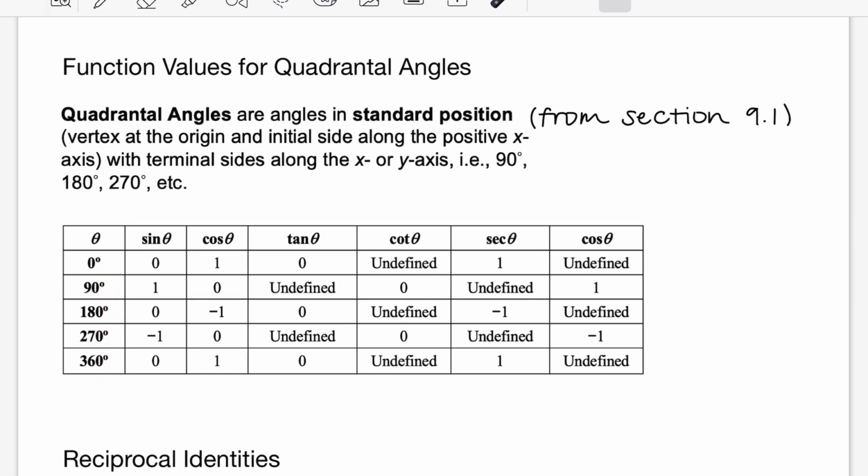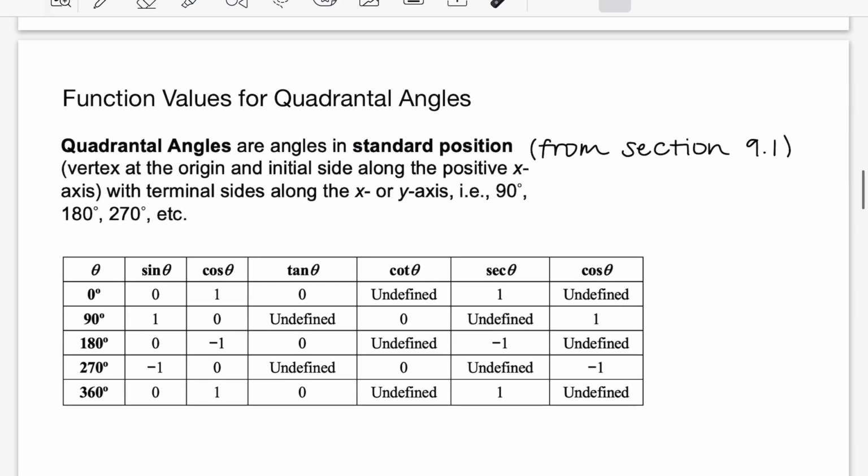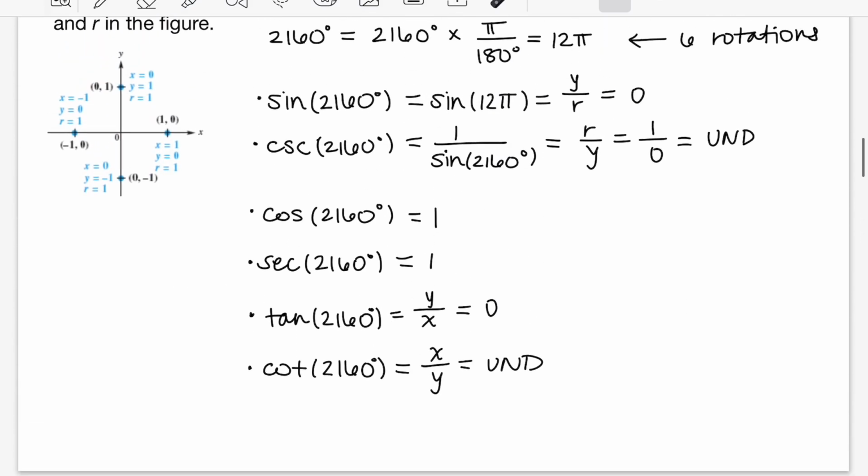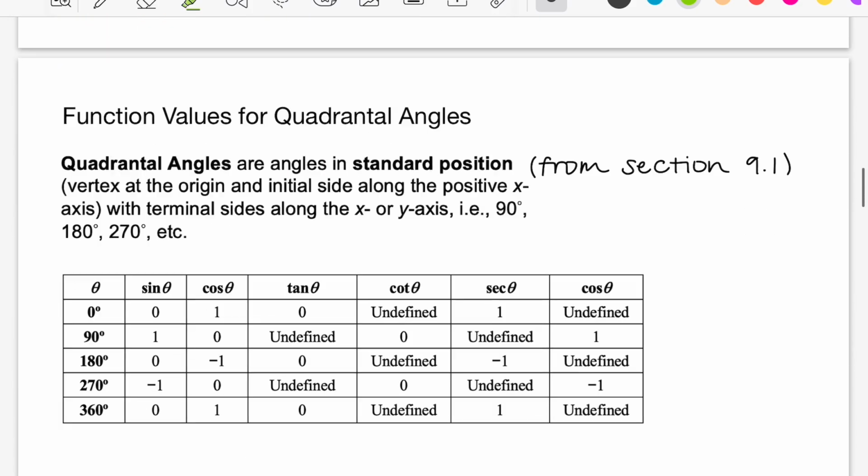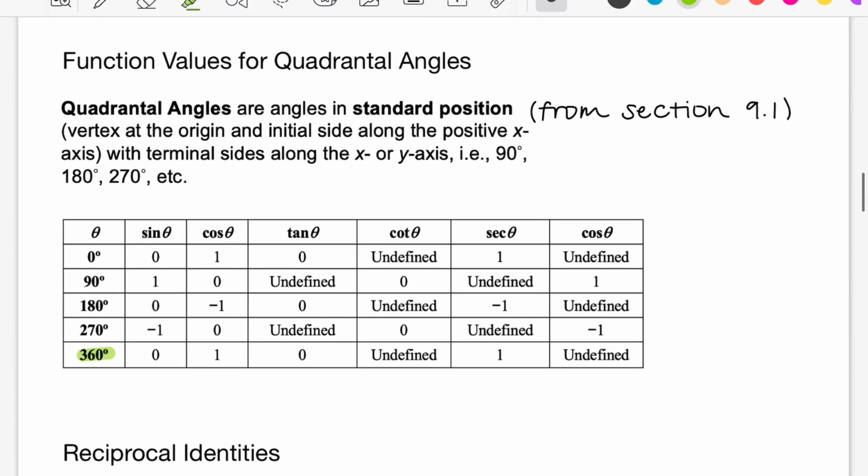And as we saw from the last example, we used this point here, which corresponds to 360 degrees. And we saw that cosecant was undefined and cotangent was undefined. Going back to this chart here, we can see that that's the case for 360 degrees. Cotangent is going to be undefined and cosecant is going to be undefined. I'm sorry, this is a typo. This should be cosecant theta.